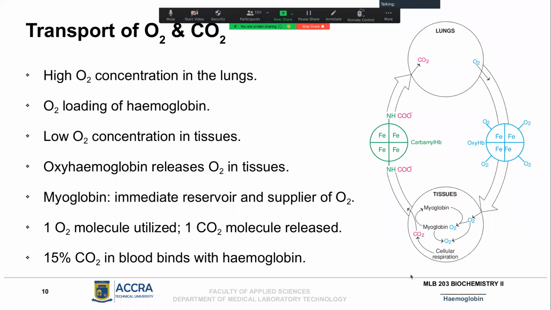So here in the tissues, where you have carbon dioxide, it's shown here that carbon dioxide is binding to hemoglobin to be carried to the lungs to be exhaled. And we say it is only 15% of this carbon dioxide that binds directly like that with hemoglobin to be exhaled in the lungs, which means we are left with 85% of carbon dioxide produced in the tissues to be exhaled.